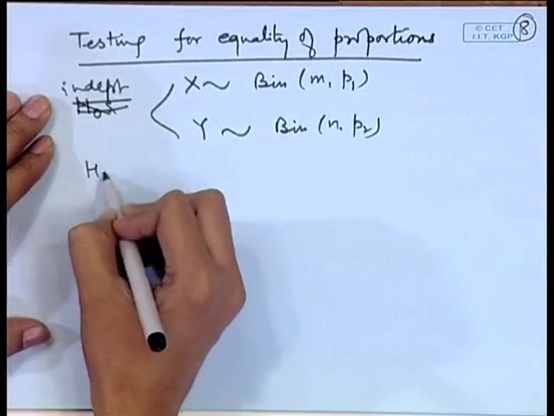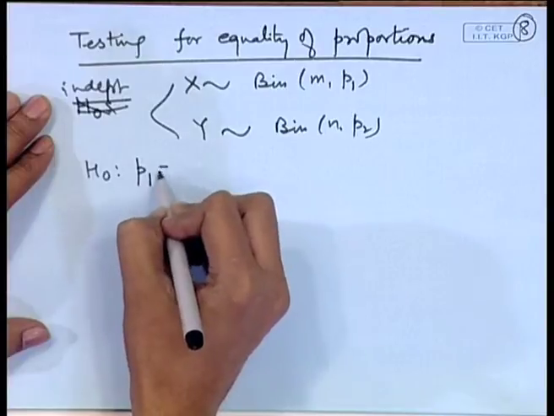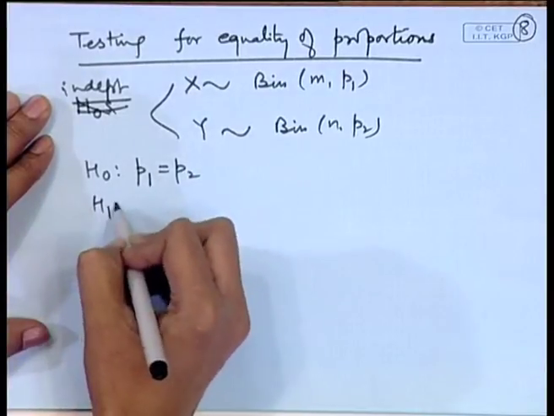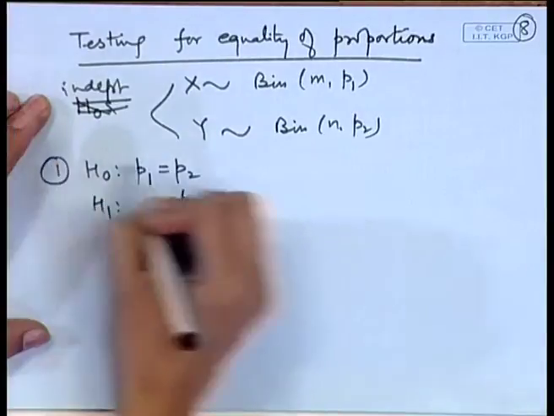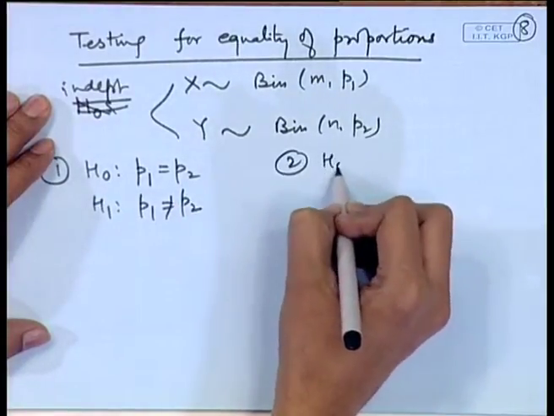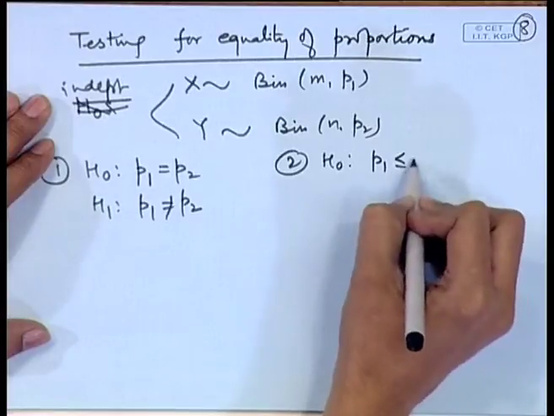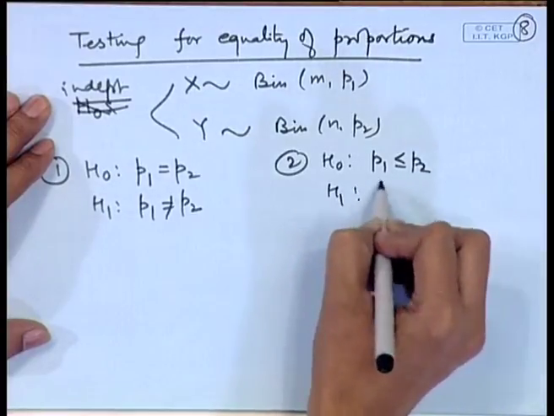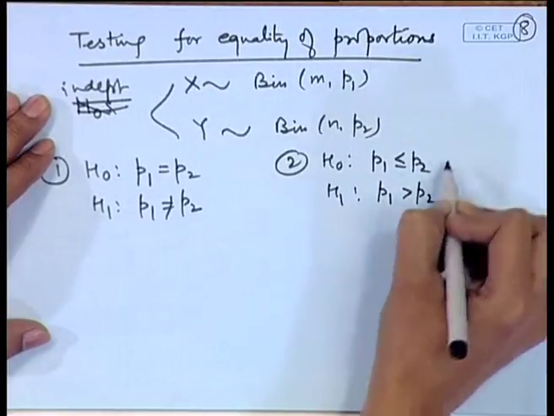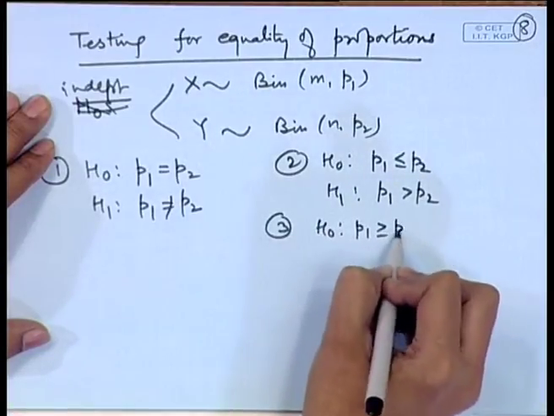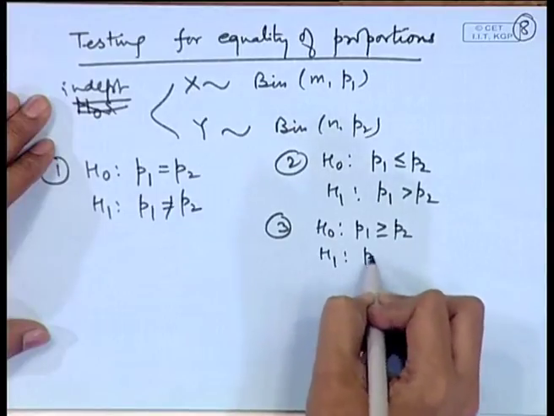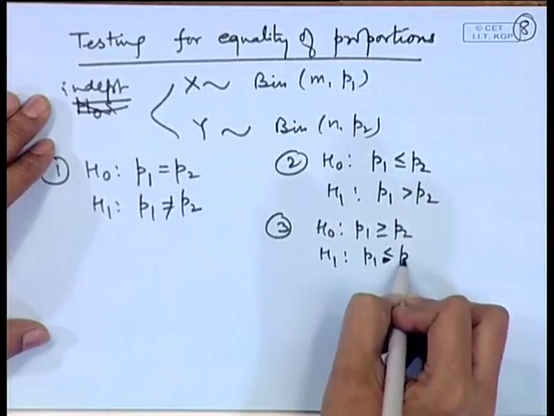So, we are interested in testing a hypothesis of the form p1 is equal to p2 against, say, p1 is not equal to p2, say this is 1. We may test p1 is less than or equal to p2 against p1 is greater than p2, or say H0: p1 is greater than or equal to p2 against H1: p1 is less than p2, etc.